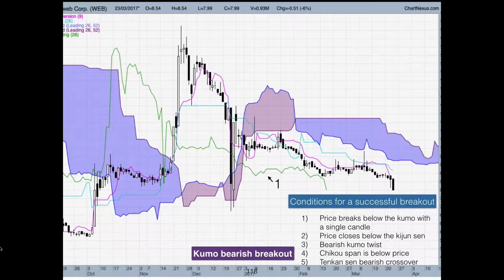So first condition for a successful bearish breakout, price breaks below the Kumo with a single candle. Price breaks below the Tenkan-sen. There's a bearish Kumo twist. And the Chikou span is below the price.